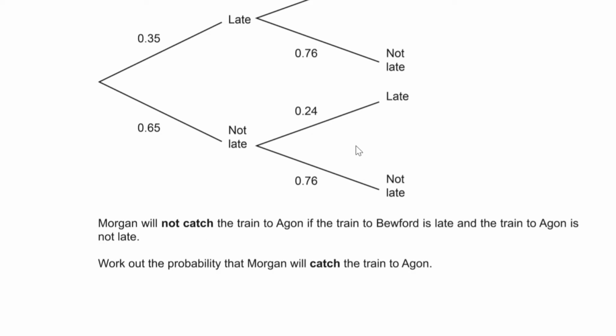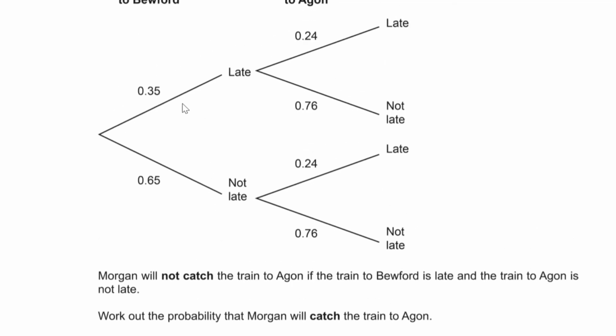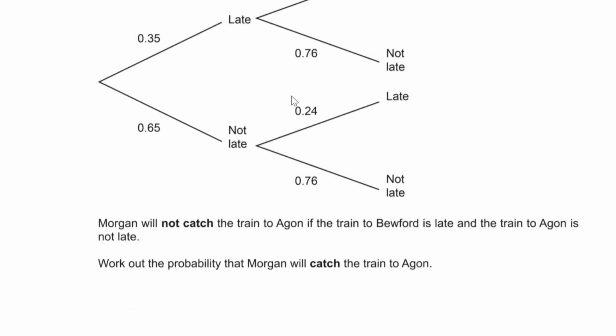Well, first of all, we can find the probability that she does not catch a train, because we know the probability that she will not catch a train will be the train being late to Beaufort and not late from Argonne.